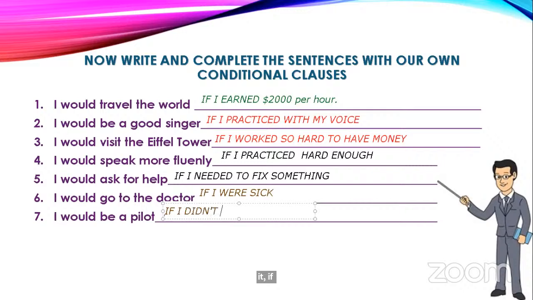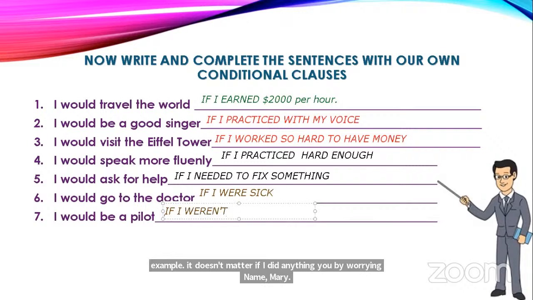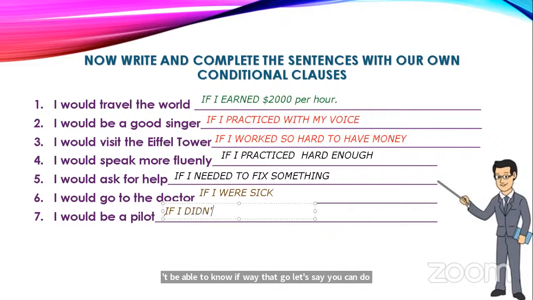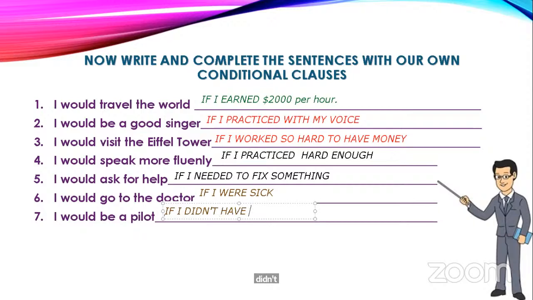If I didn't, let's say it's an example, it doesn't matter. If I didn't, no, if I weren't, negative. If I weren't able, si no fuera, no. Let's say if I didn't. No, if I didn't, yeah, let's just use didn't. If I didn't have, si no tuviera, okay.